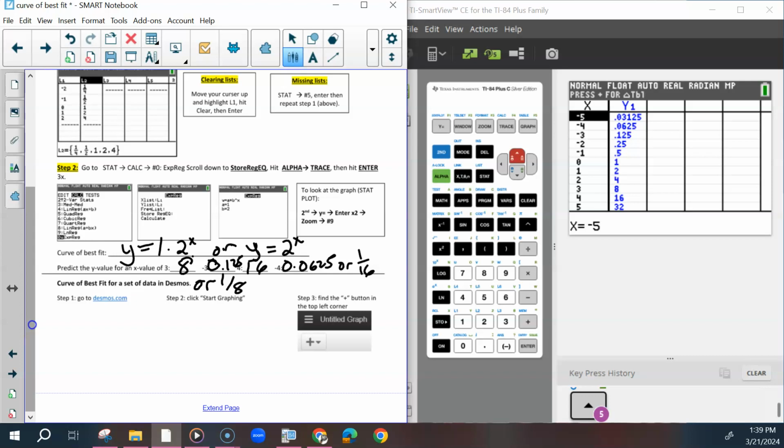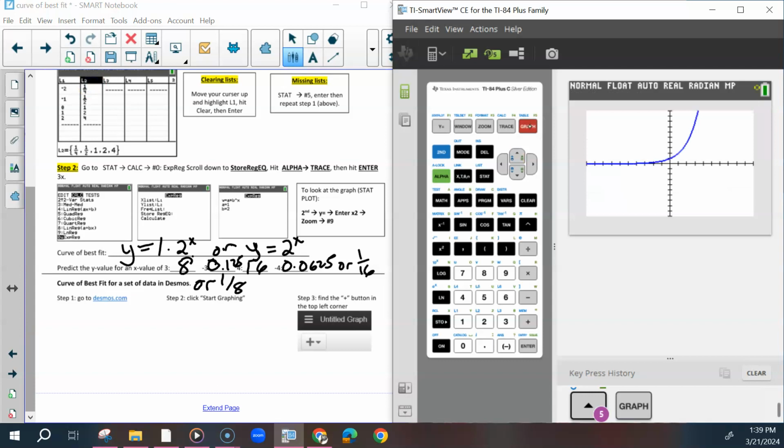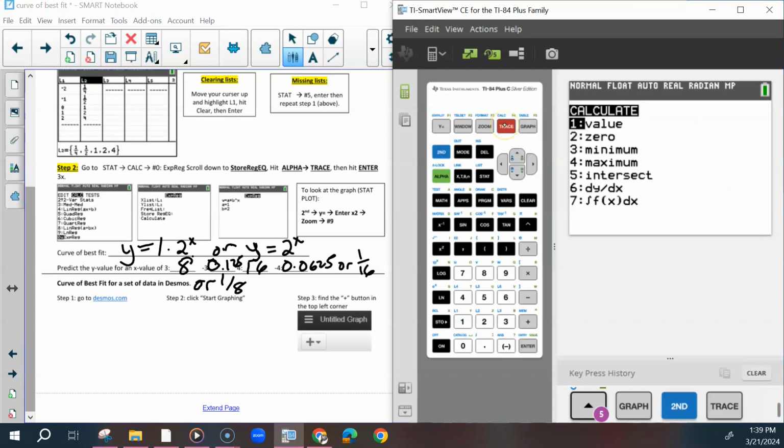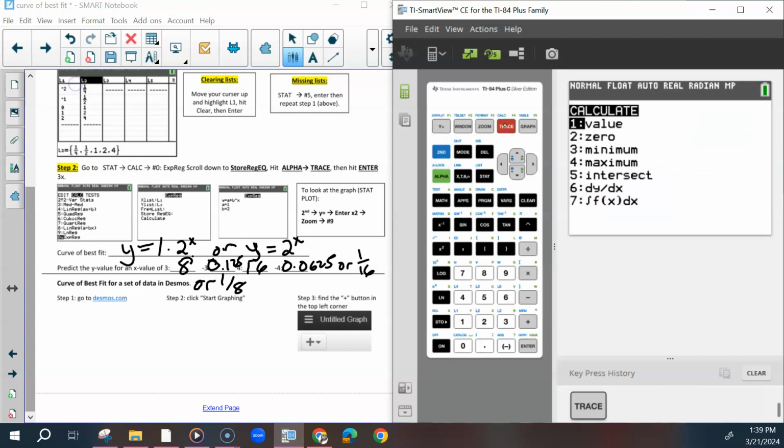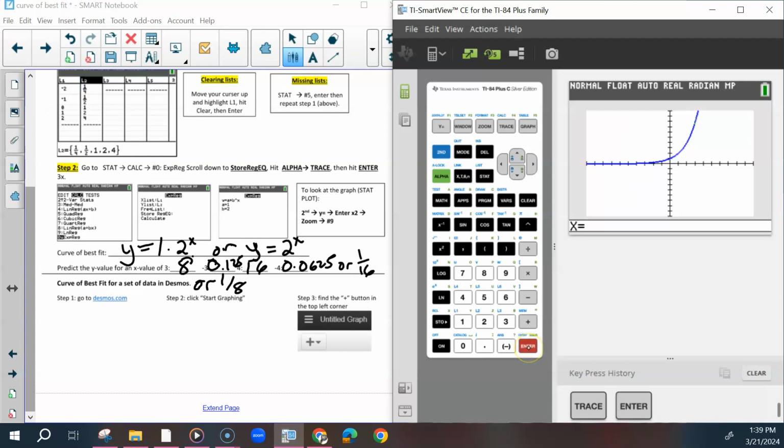Remember that you can use the table, or you can go to the graph, go to second trace, and look for different values when x is different values. So if I put in when x is 3, it'll tell me what that is. If I do it again, when x is -3, again, it'll tell me what that is.